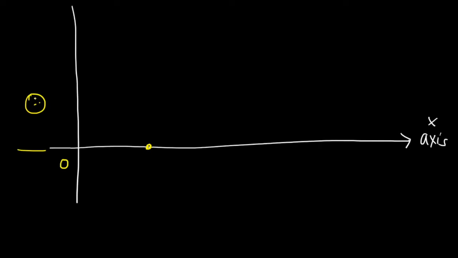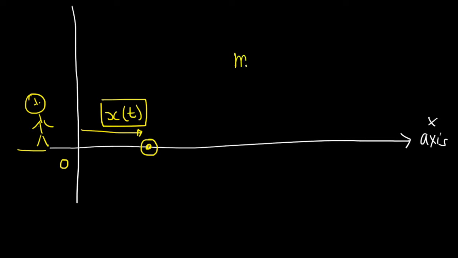So we have an observer who keeps track of this particle, and he tells us where this particle is by telling us the x coordinate at different times, and we represent it by this notation. What it means is that I can tell you the x coordinate if you tell me the time. Now the particle is always on the x-axis, so this is what I mean by motion in one dimension. Next, we are saying that the force is constant.